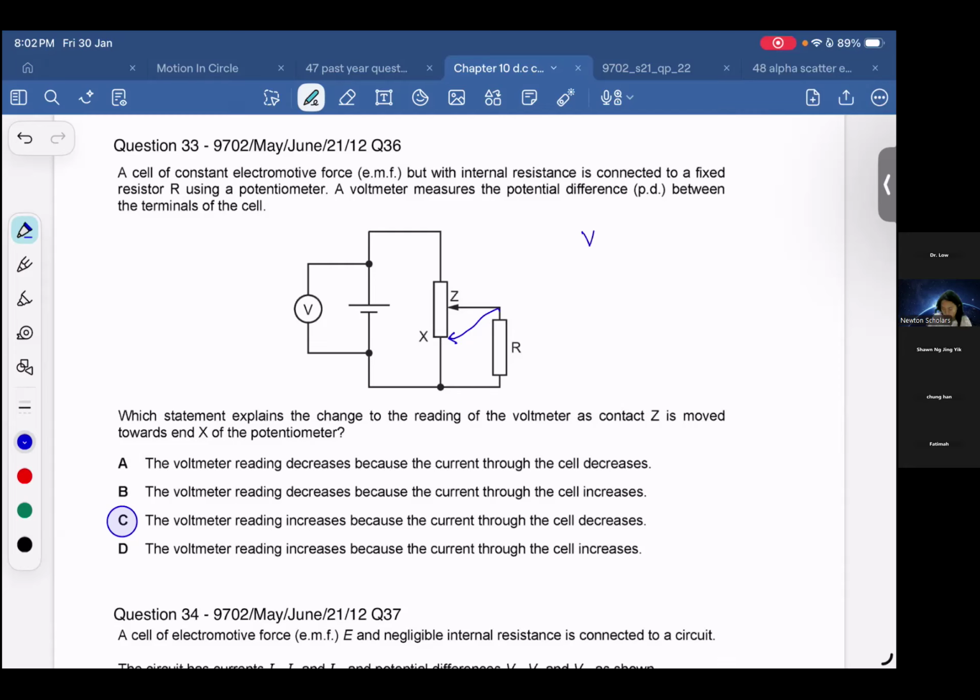Okay, here E equals V plus Ir. Let me have a look. So here, move towards X. Okay, dear, you see, if you move towards X, your circuit will become like this.